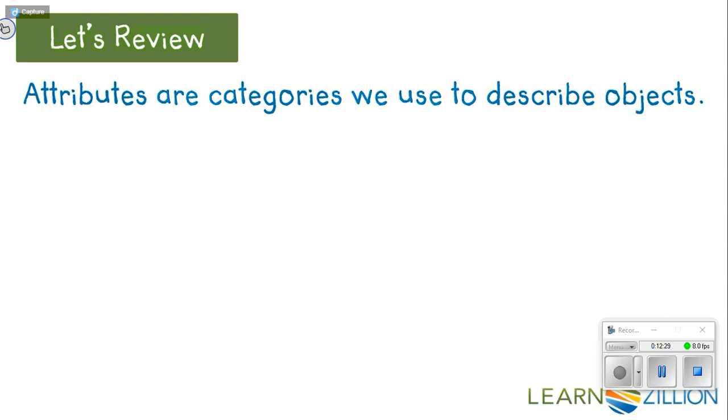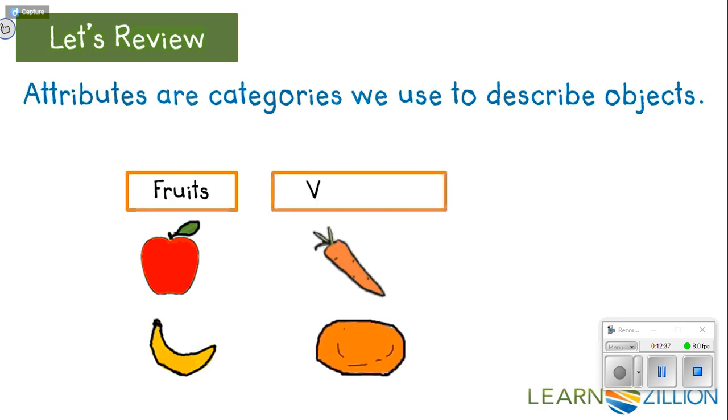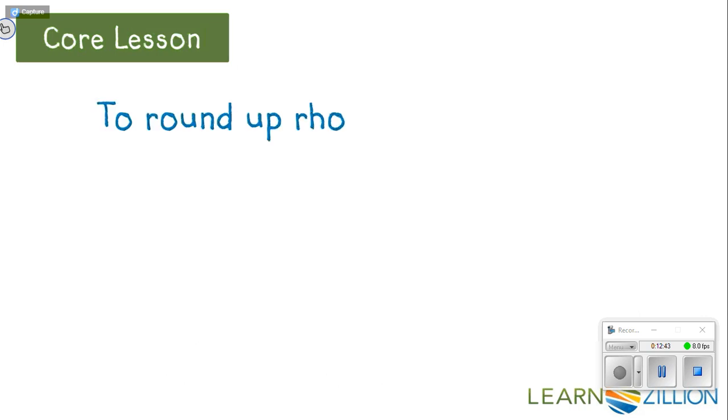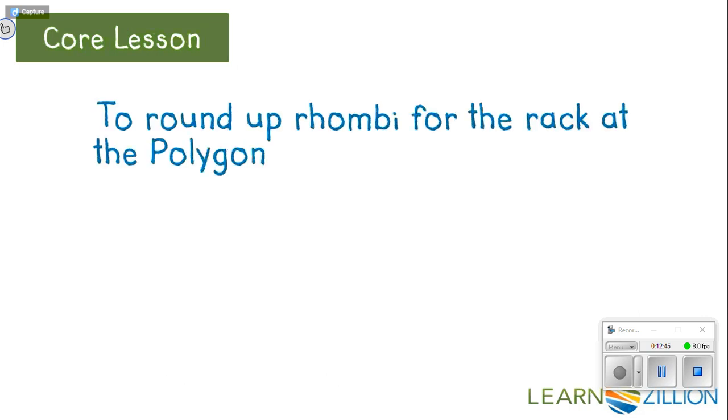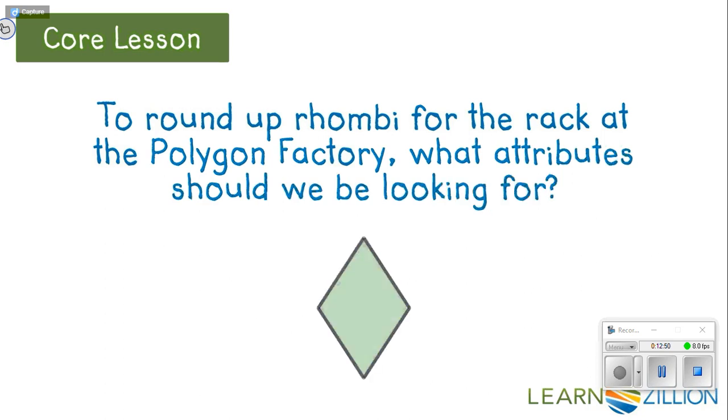Attributes are categories we use to describe objects. In this picture, we see these foods are in the fruit group. These foods are in the vegetable group, while these belong in the dairy group. To round up rhombi for the rack at the polygon factory, what attribute should we be looking for?